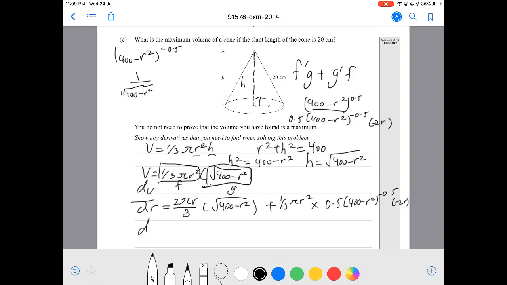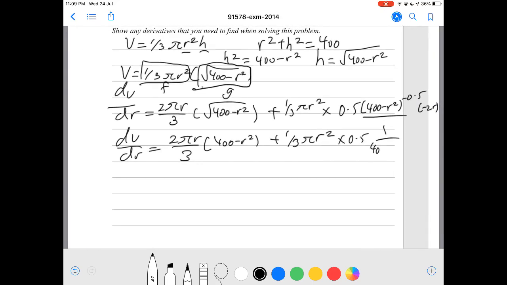So basically that will become dV over dr equals 2 pi r over 3 times 400 minus r squared, plus 1/3 of pi r squared multiplied by 0.5, and that can be rewritten as 1 over the square root of 400 minus r squared, multiplied by negative 2r.